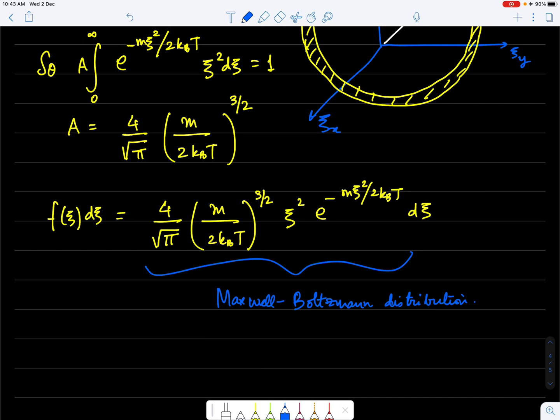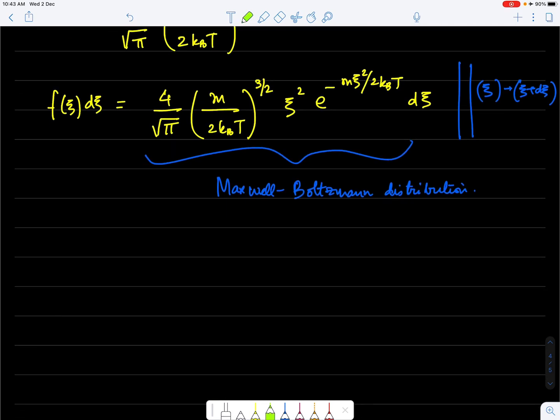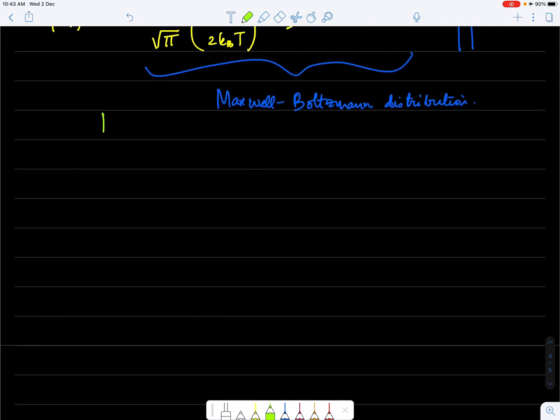So this describes how many particles there are between two speeds given by ξ and ξ plus dξ. Now this is an interesting function. If you plot it, because speeds only go from 0 to infinity, we don't have anything on the negative ξ axis.